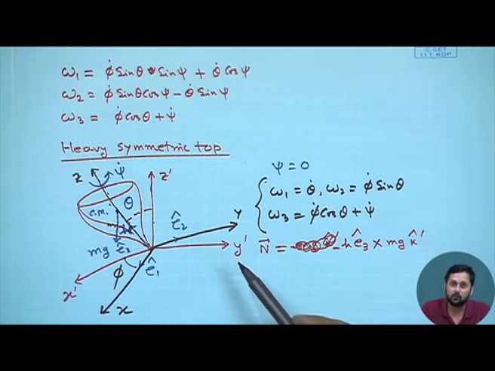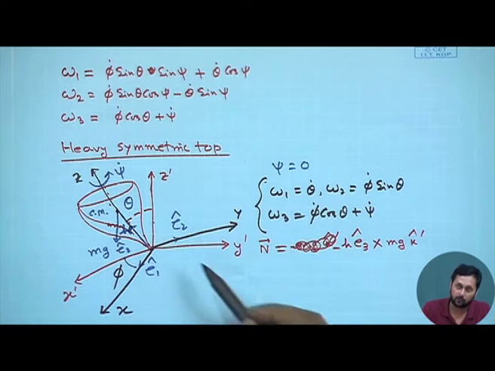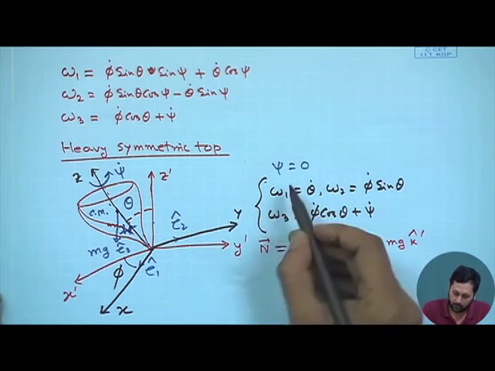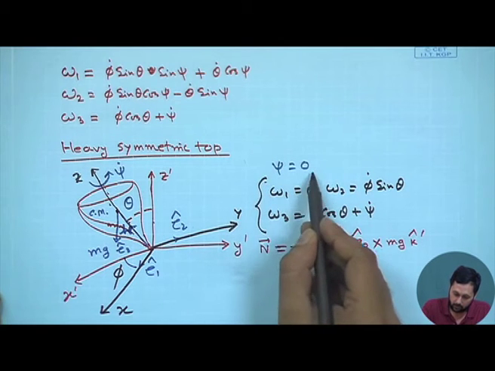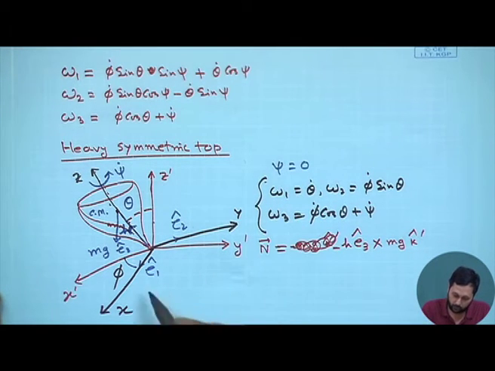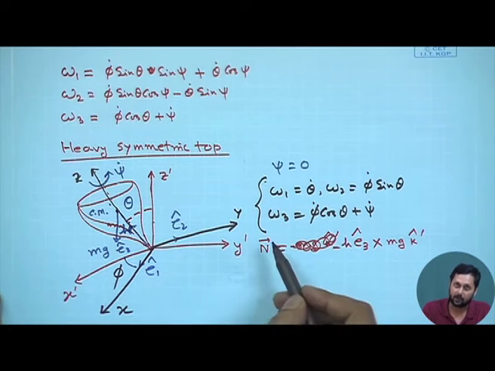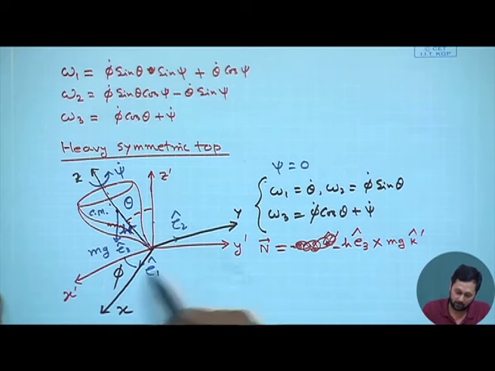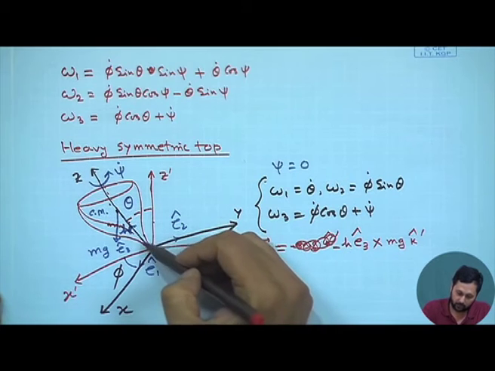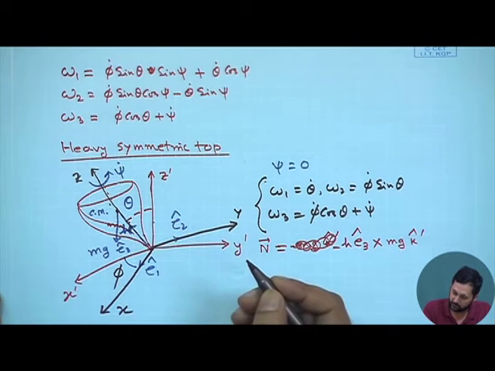One thing we can do is, okay, let us talk about it later, because right now there is no point. If we take psi equal to 0, then my body x axis lies in the x prime y prime plane. That means it is in the plane of the space xy.